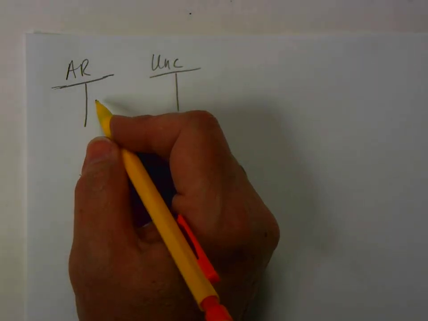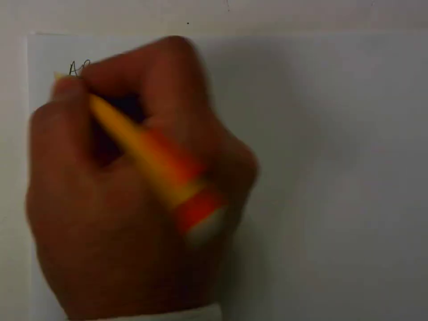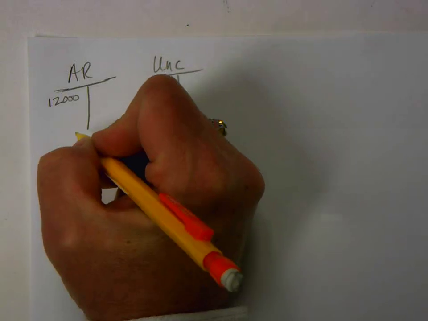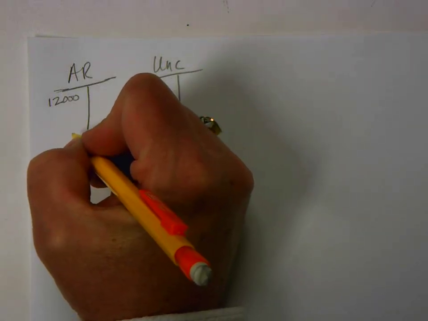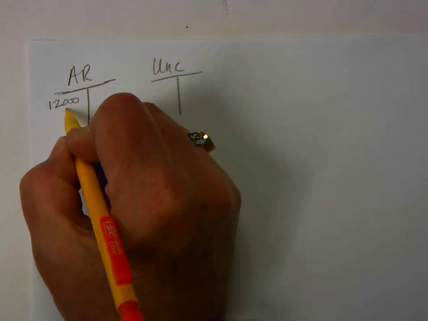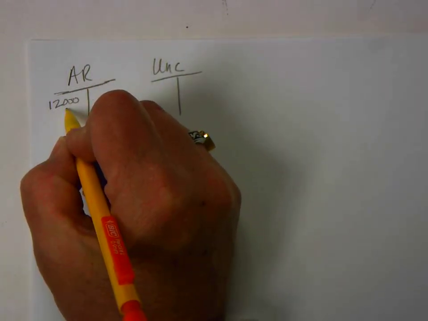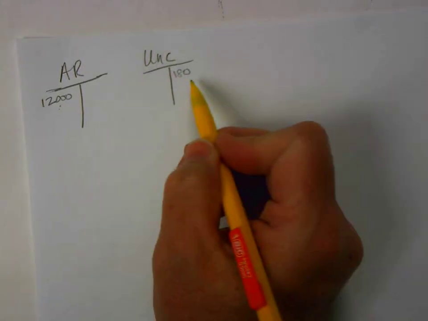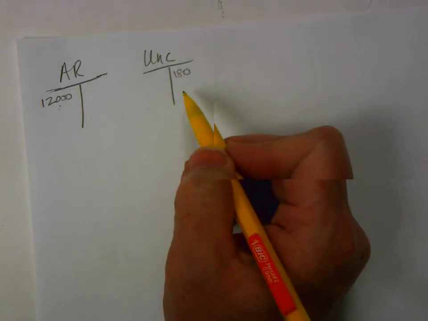Okay? So for the January 1, 2017, we had $12,000 sitting in accounts receivable. Okay, so since we're looking for January 1, 2018, we're looking for all the things that happened in 2017. So in 2017, we started with the $12,000 here and the $180 over here. Okay, that's a debit, that's a credit, normal balance.